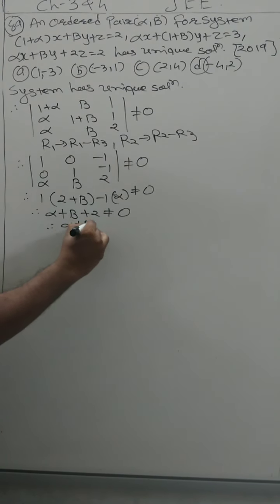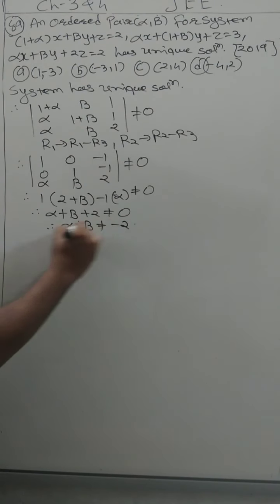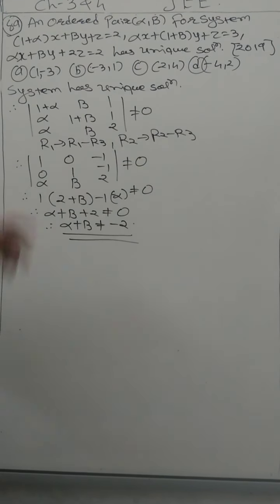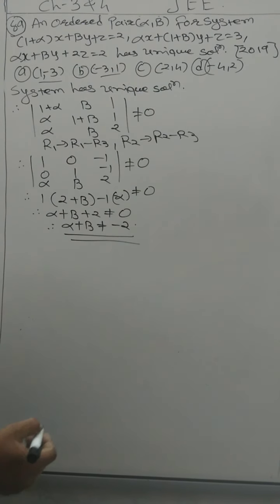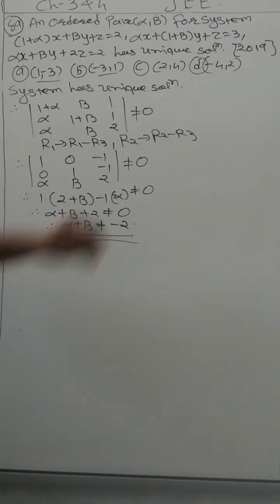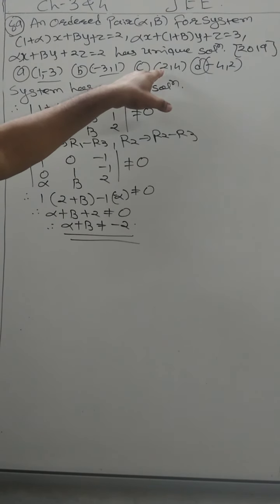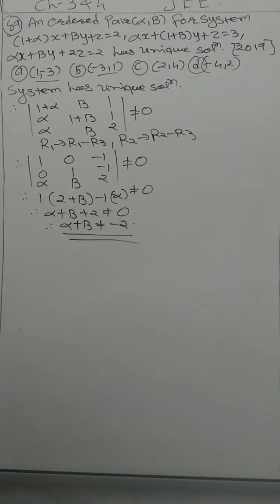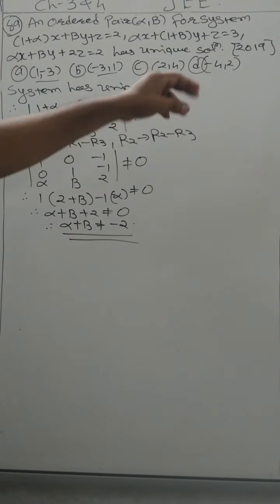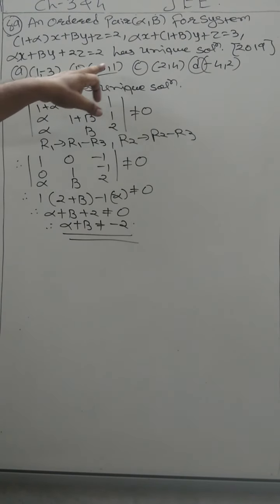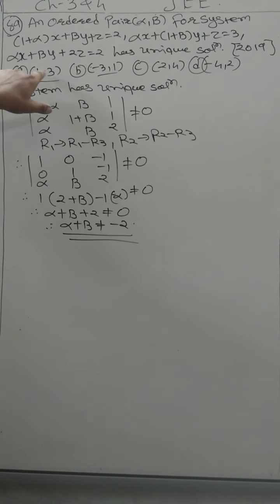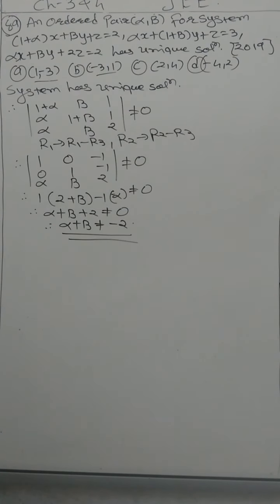It means alpha plus beta can never become minus 2. From this clue, if you see that here alpha and beta can never make minus 2. In this option it becomes minus 2, right? Here also it is minus 2. But when you see this one, alpha plus beta, then C is the answer.